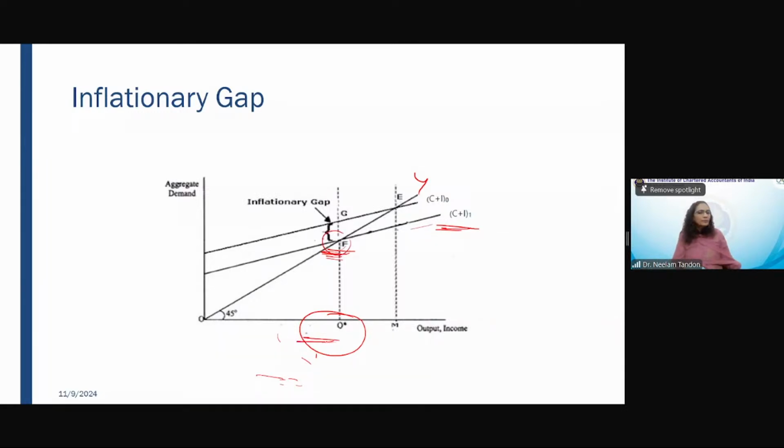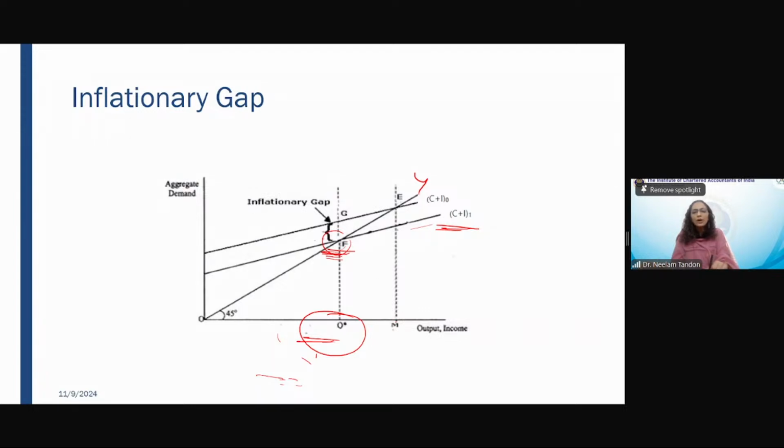OQ asterisk. So this is how much the actual should be? Actual should be OQ asterisk because here there is full employment.